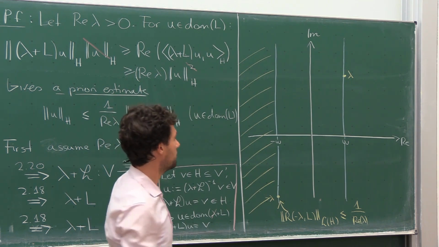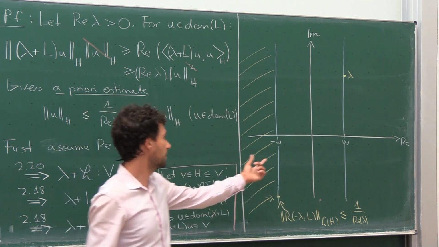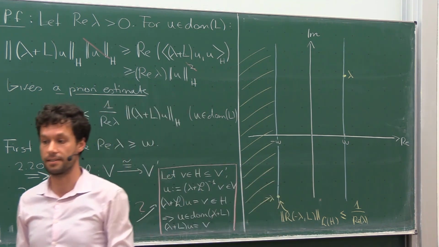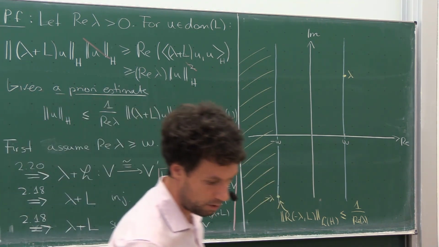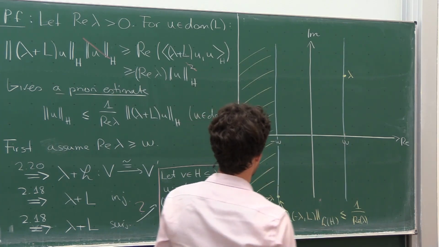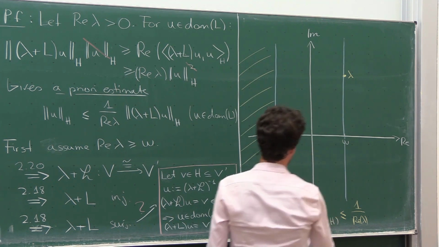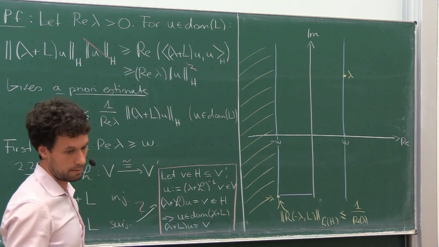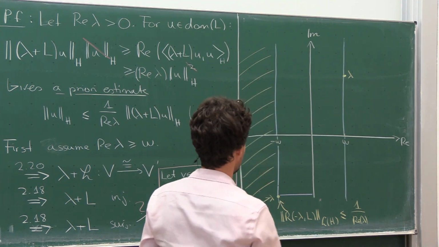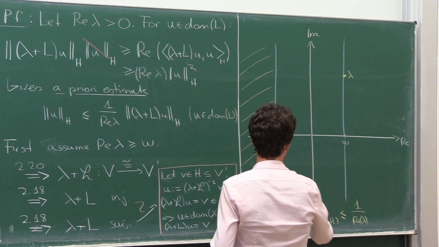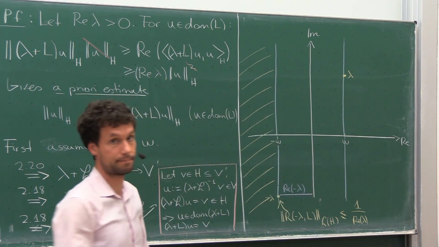And so you see, I have to worry about no man's land in between the blue line and the imaginary axis. So how do I do that, the no man's land? Well, have a look at this distance, right? This distance, this is precisely the real part of minus lambda.